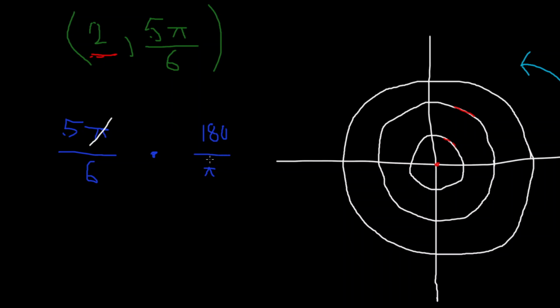The pi's cancel out. We can simplify this. 6 times 30 is 180. So this equals 150 degrees.